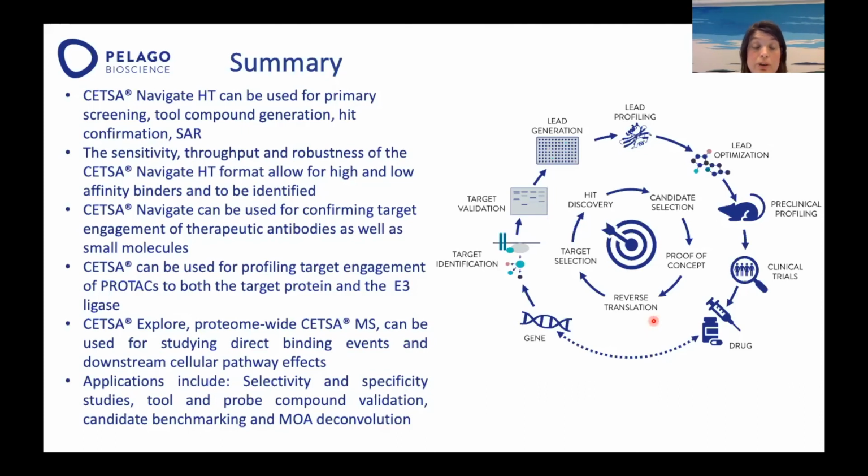And the CETSA Explore proteome-wide format can be used for studying both the direct binding events as well as downstream cellular pathway effects. And applications then range from selectivity studies, validating your tool compounds, benchmarking, and mode of action deconvolution.